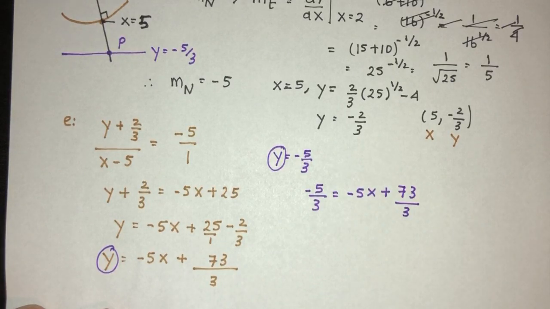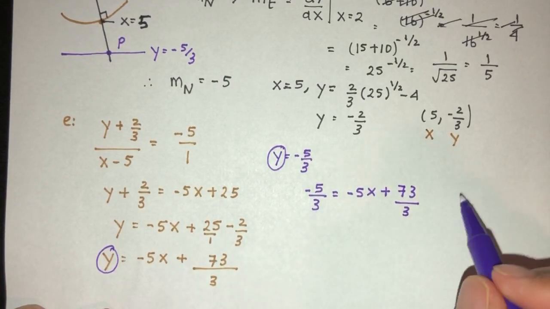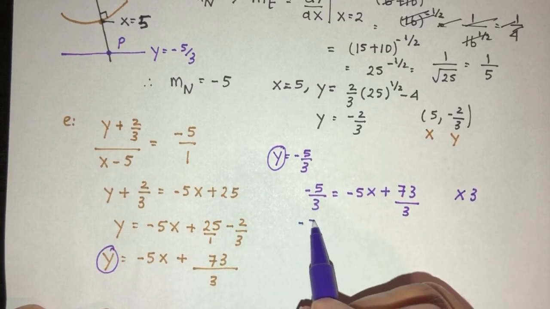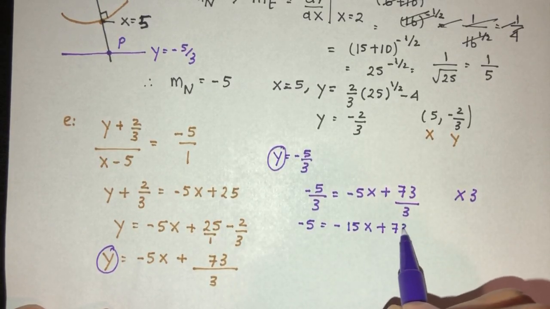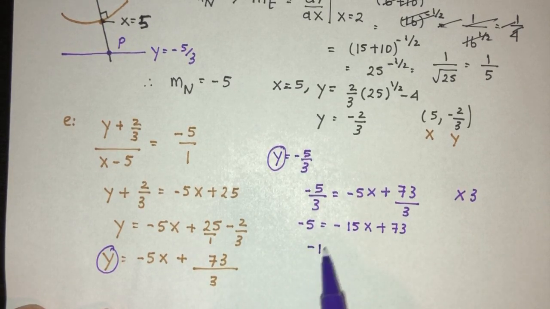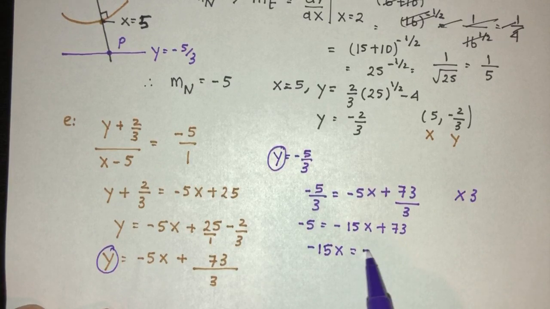Now we have to multiply everywhere by 3 to eliminate this 3. So you will have minus 5 equals minus 15x plus 73. So minus 15x is equal to minus 5 minus 73, which will become minus 78.